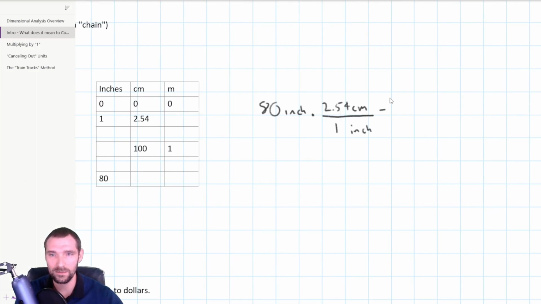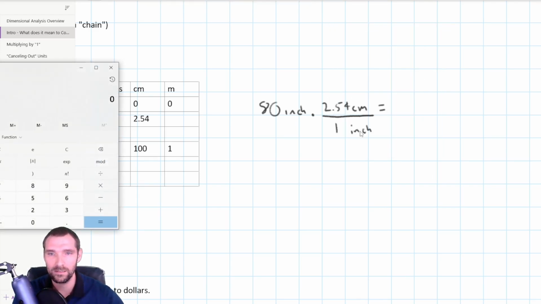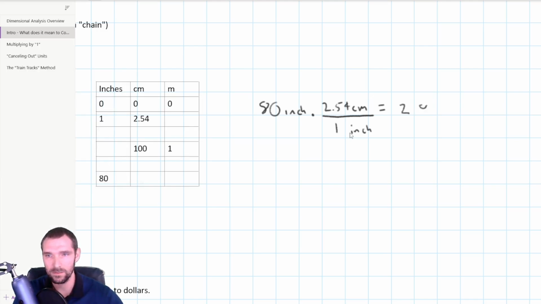So if we do that, let's get our calculator out. We've got 80 times 2.54. That's 203.2 centimeters.